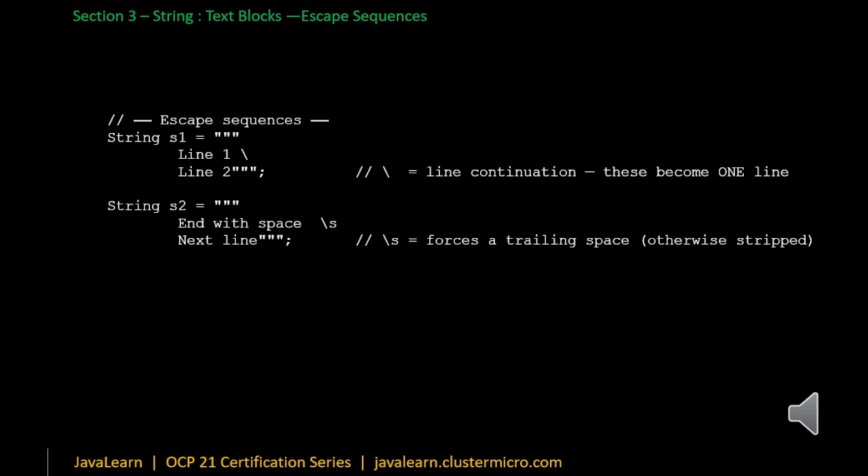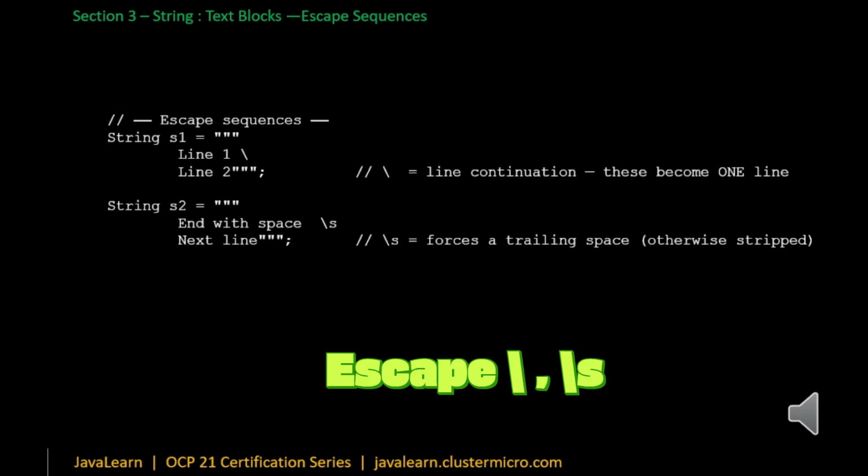The first is the line continuation escape, a backslash at the end of a line. Here in S1, look at the first content line: line 1, then backslash. This is a backslash at the very end of the line, so this is a line continuation escape. Normally in a text block, each physical line in your source code produces one line in the resulting string with a new line character at the end.